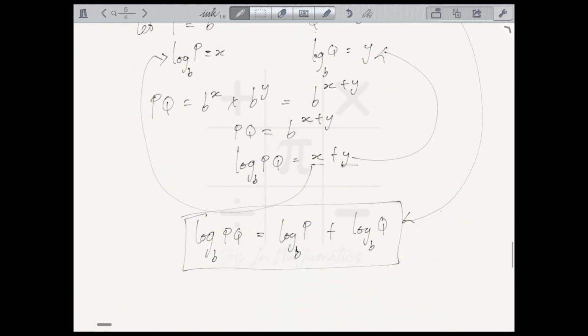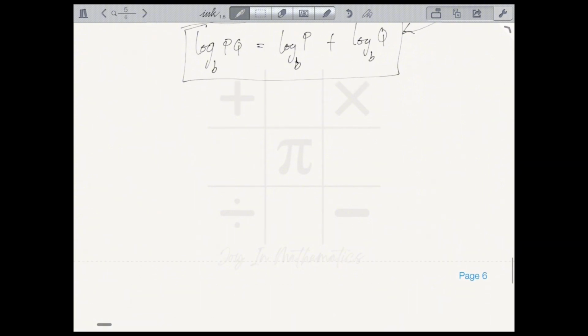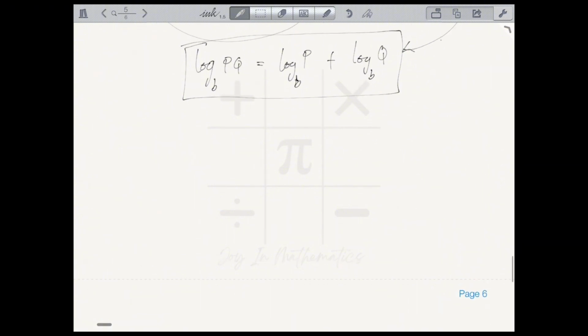Now let's take a quick question on this. We have the relation of the addition law, that log pq to base b is equal to log p to base b plus log q to base b. If we have, for instance, log 8 plus log 5, both to base 10, they are of the same base, so the addition law will apply.